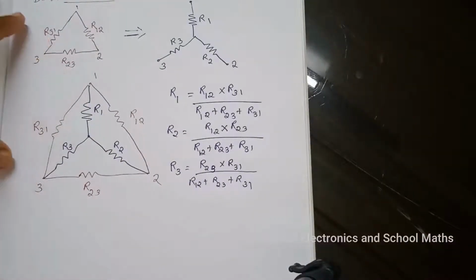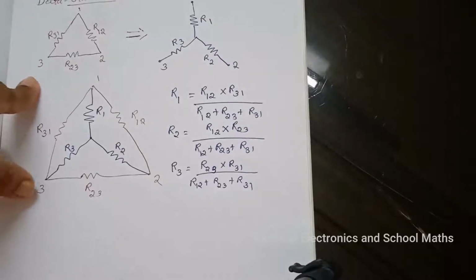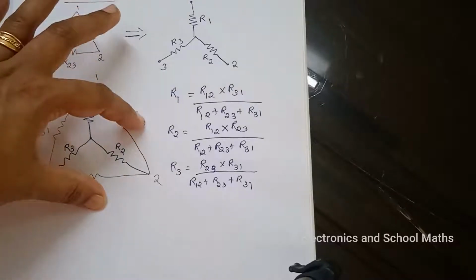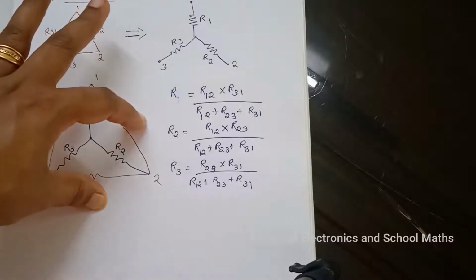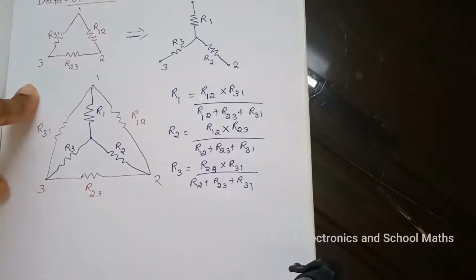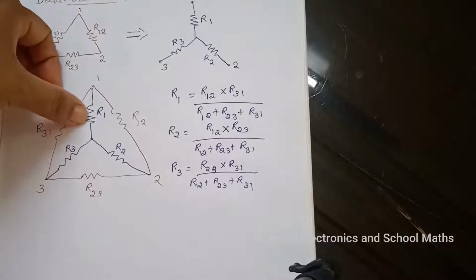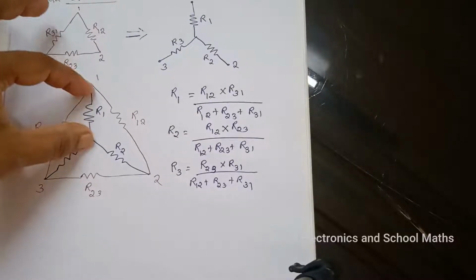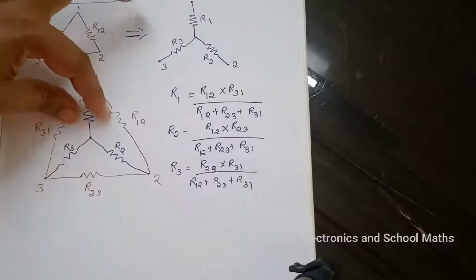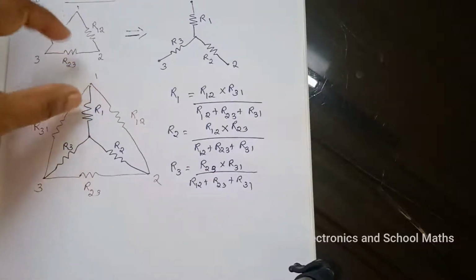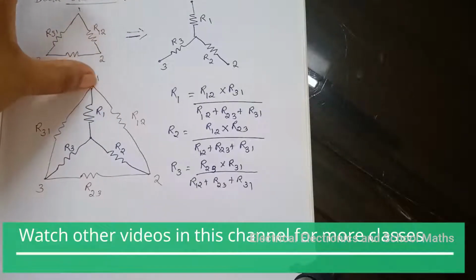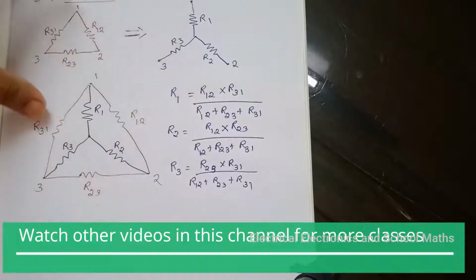Or in other way we can say the rule for delta star conversion may be stated as the product of adjacent two resistors of delta network divided by the sum of all the three resistors of the delta network. That is, if we have to find the resistor R1 in the star connection, then the resistors that are connected to this point are R12 and R31.